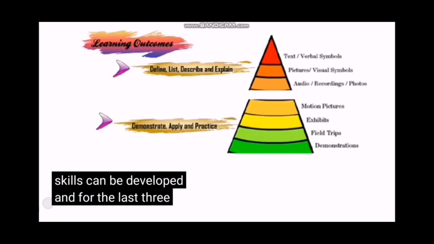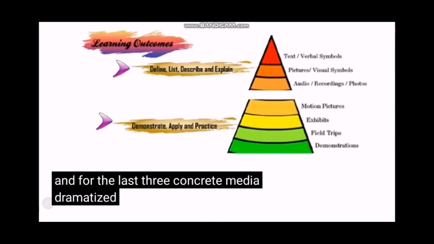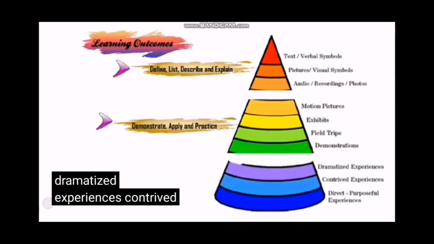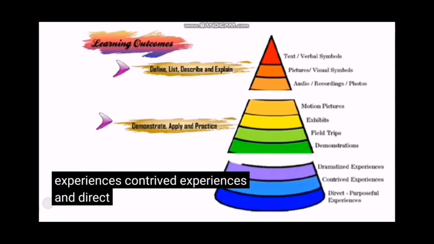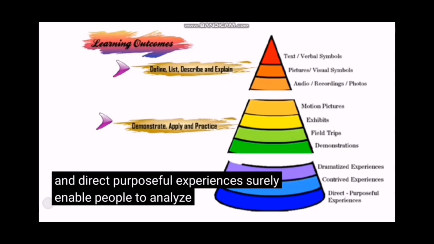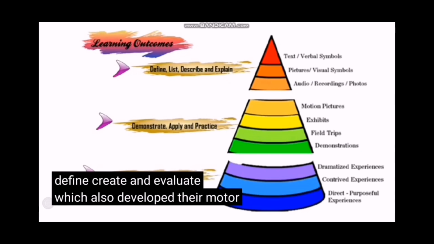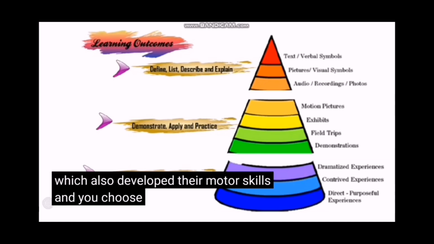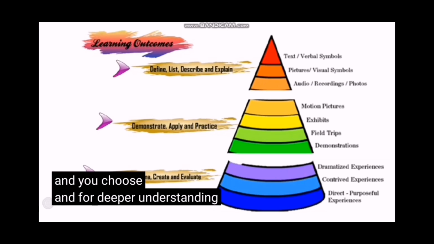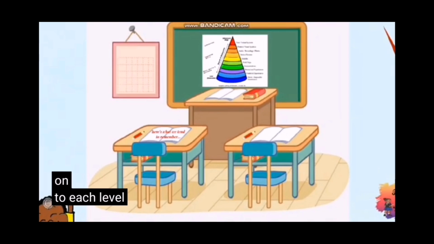And the last three concrete media, dramatized experiences, contrived experiences, and direct purposeful experiences, enable people to analyze, define, create, and evaluate, which also develops their motor skills and attitude. And for deeper understanding, let us go on to each level.